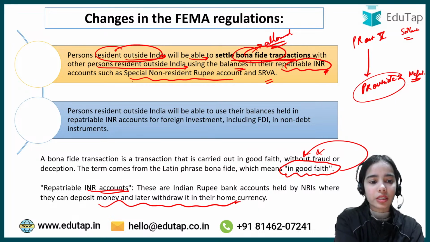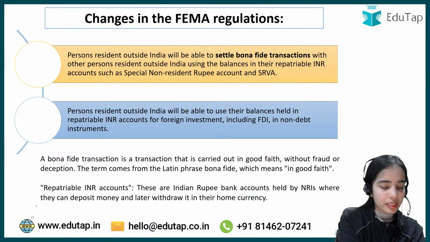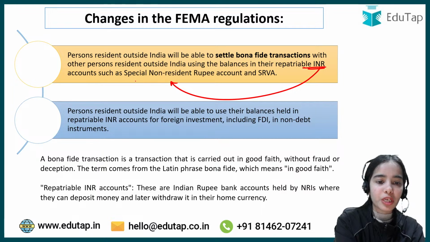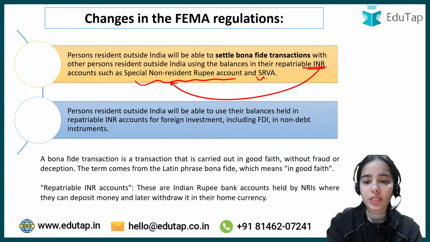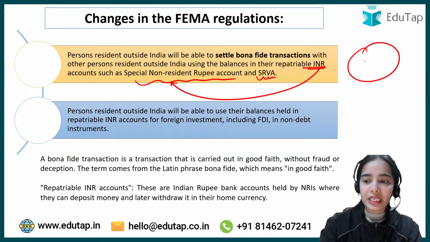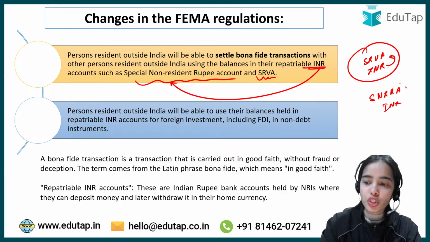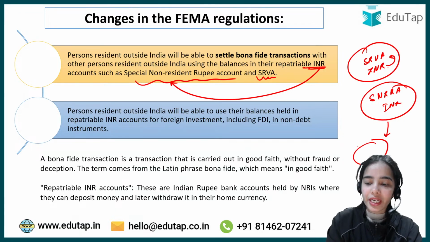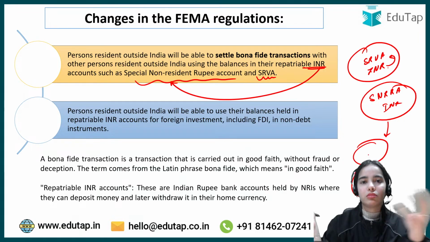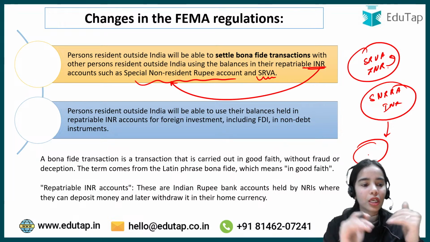That is the money kept in the special non-resident rupee account or the special rupee Vostro account. So if there is some INR left in the special rupee Vostro account, or in the special non-resident rupee account, this INR can be used for trading between two other countries. Okay, so this is the idea.